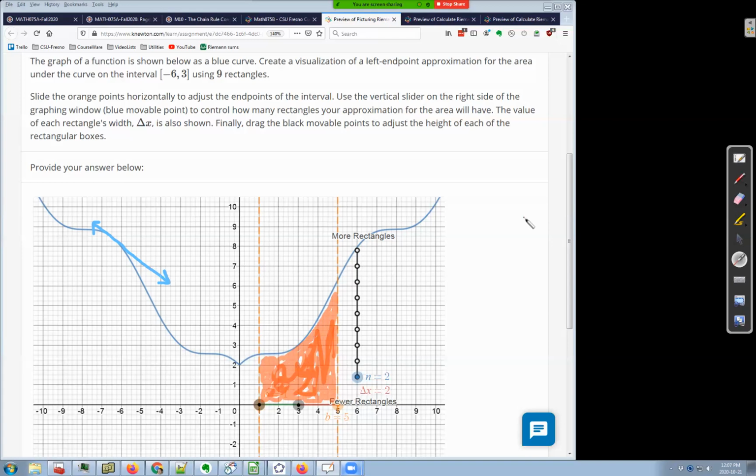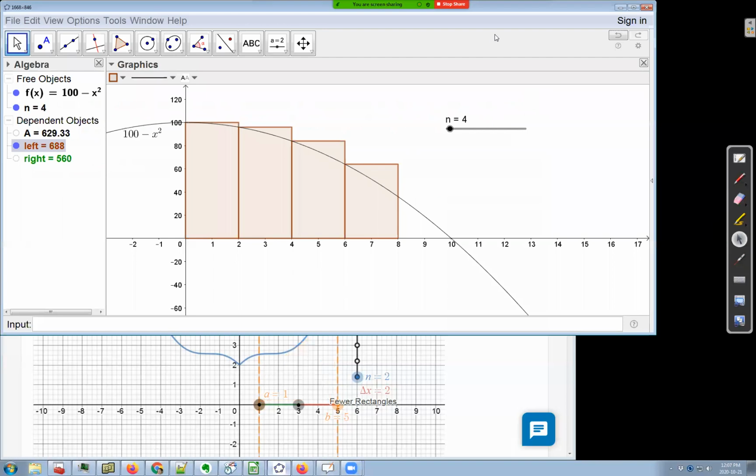So how do we do this then? Finding the area under the curve is a challenging thing, but here's what we do. Let me bring up GeoGebra here.